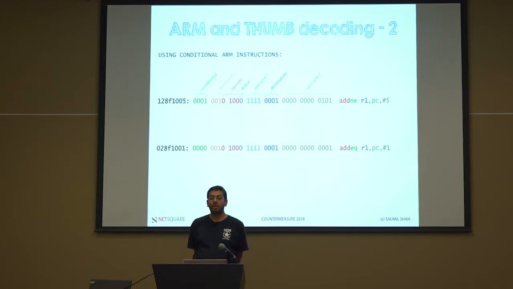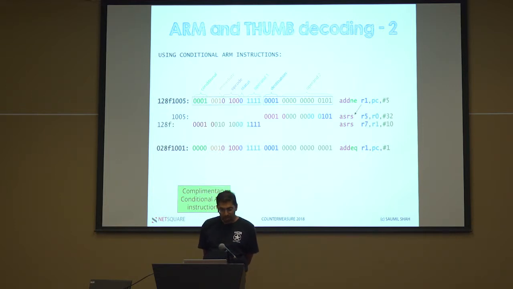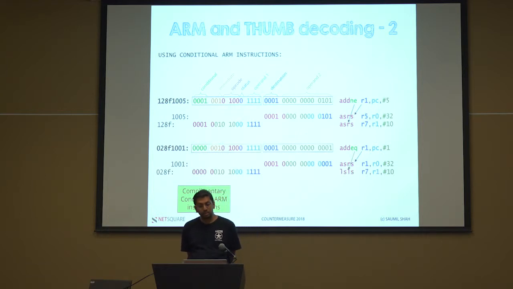Now, if I do the decoding, things look a lot better. So the first instruction is add if not equals. I decode it. Okay, the first ARM instruction is still ASRS, that's okay. The second thumb instruction is now based on the not equals condition in the first instruction, and that also results in an ASRS, which is fine. Then if we go to the second one, again an ASRS, and then the next condition equals results in LSLS.